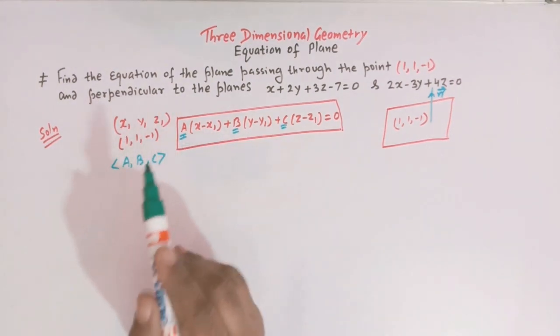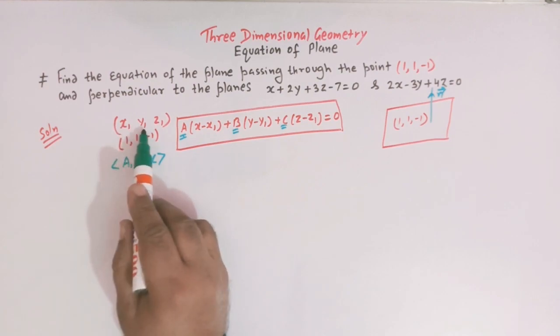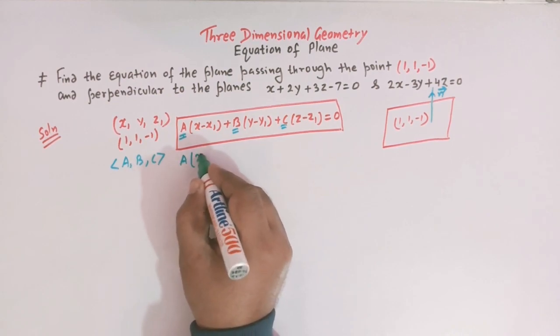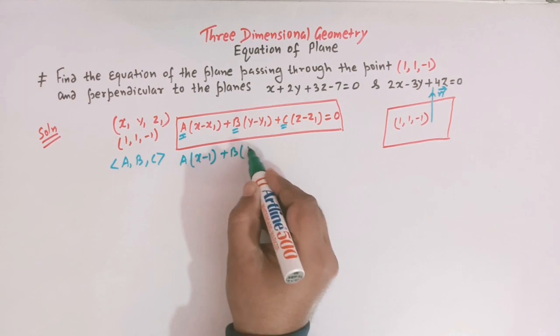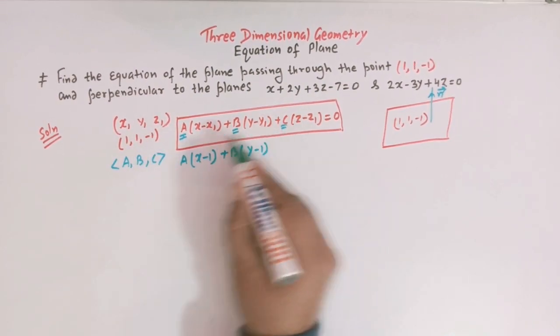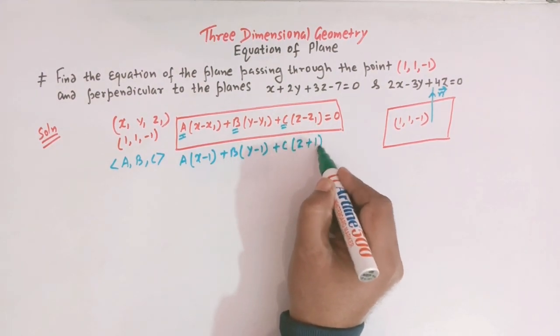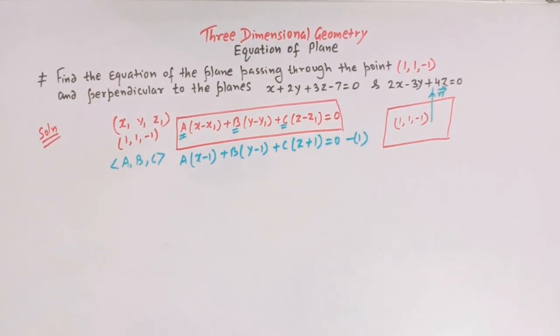So let us now first substitute the values of x1 y1 z1 in this equation. So we'll get a times x minus 1 because x1 is 1, then b times y minus 1, y1 is 1 and z1 is minus 1. So here we'll get c times z plus 1, right? So let us call this equation number 1, right?